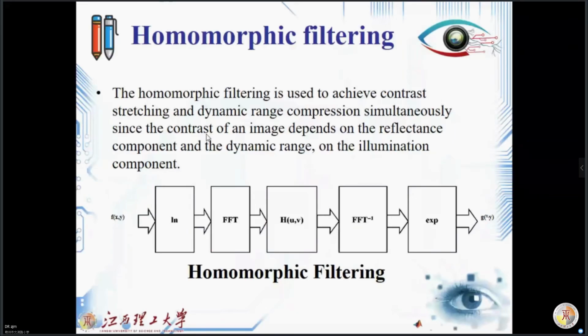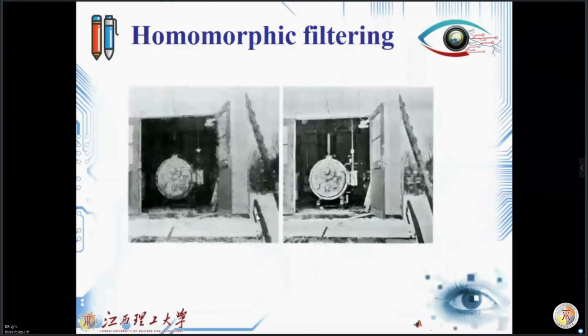We take the ln, or logarithm, of that, then take the FFT, then multiply by the function H(u,v), then take the inverse Fourier transform, which goes into the exp, and then g is the result of this formula. Let us see the image here, and how the homomorphic filter acts on our image.